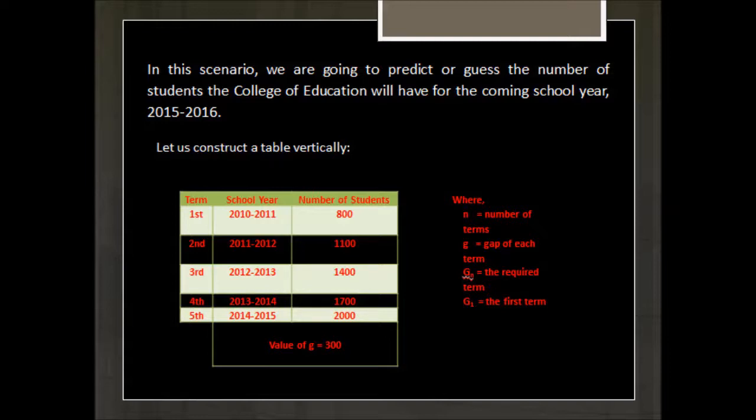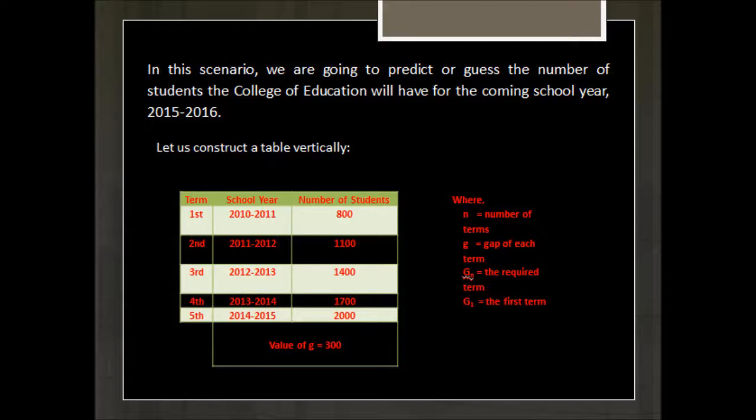To check the value, the nth term is equal to g sub 1 plus the quantity of n minus 1 times g. For the first term: 800 plus 0 times 0. So 800 plus 0, we have the first term 800.